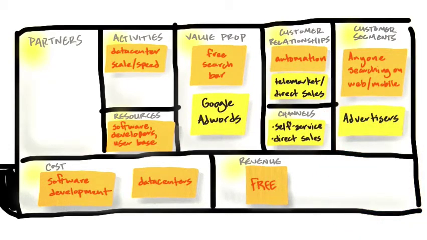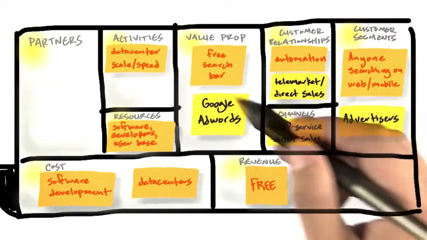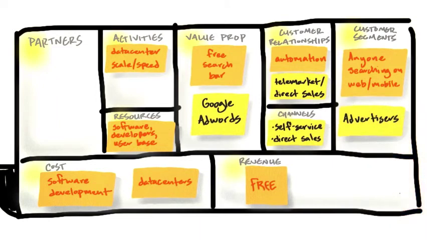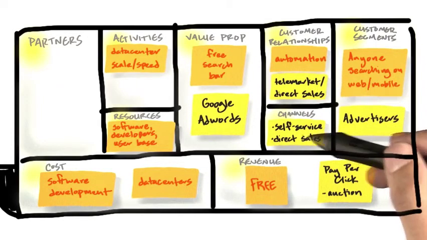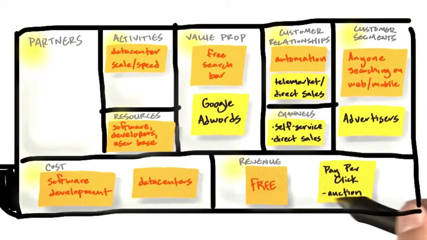But the key thing to note is that not only do they have different segments and different value props and different customer relationships, more importantly, they have a different revenue model. It's a big idea. Multiple customer segments require multiple value props, multiple customer relationships, sometimes different channels, but always different revenue models. These are the payers.